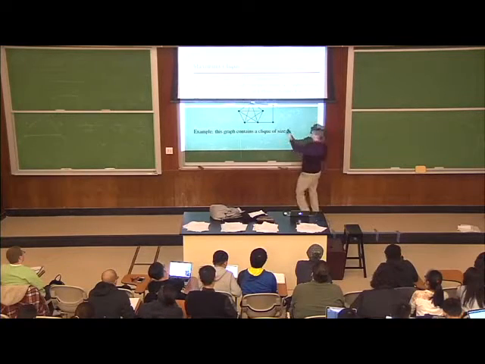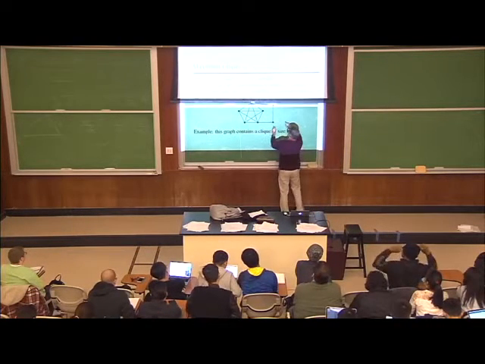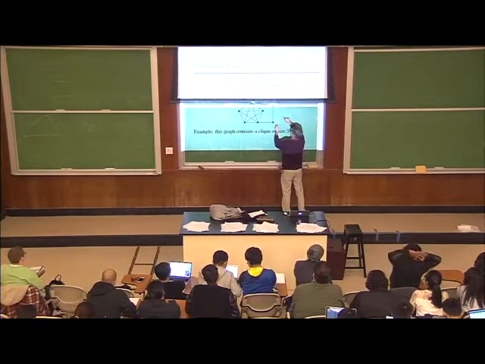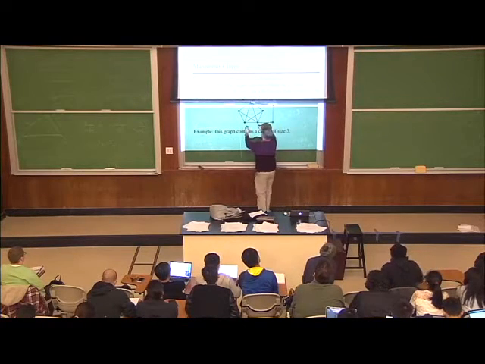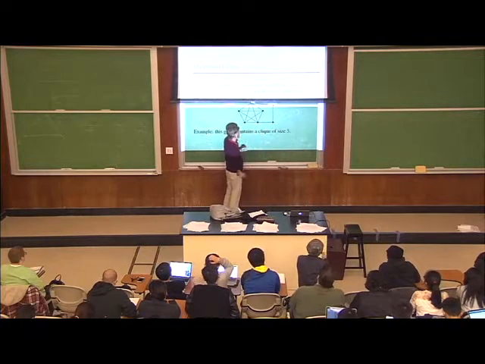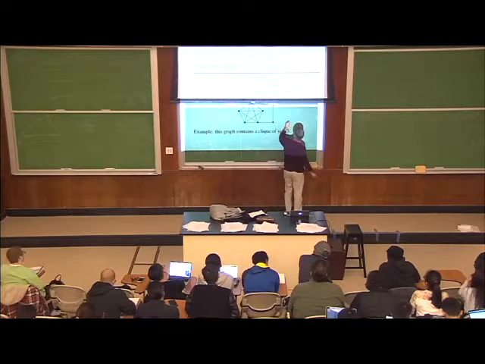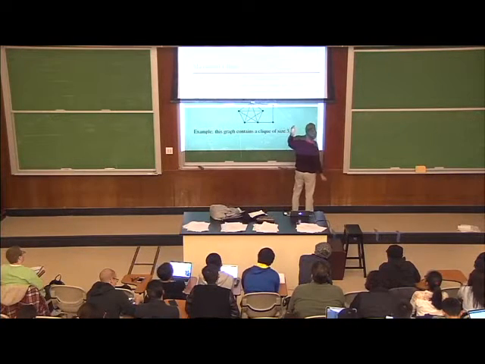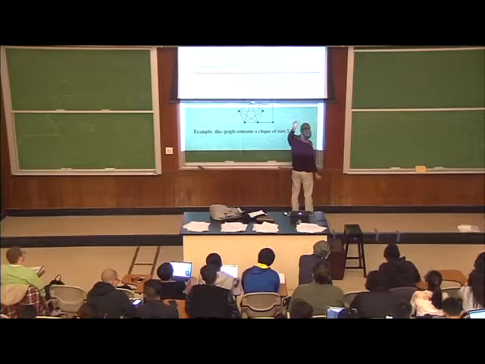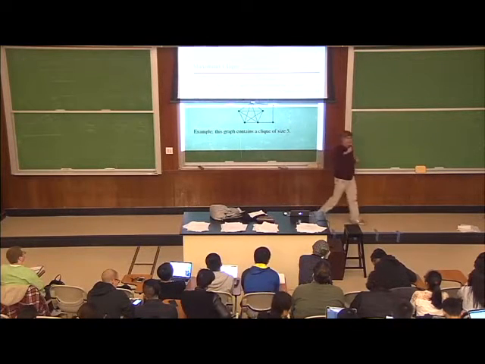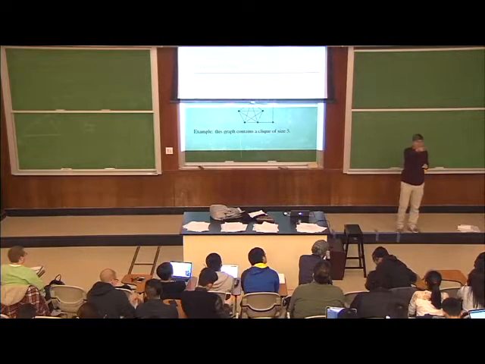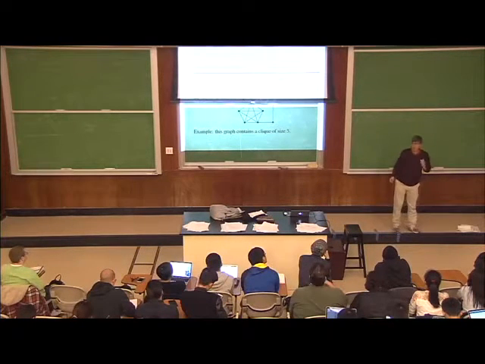I've got a clique here of size 3. My independent set can only have one of those vertices. I've got a clique here of size 3. I can only have one of these vertices. Does everybody see here that my independent set, which I think you're calling K prime, should be equal to 2? And so your relationship doesn't hold. Do you kind of agree with that? Yeah. Okay. So this is informative.